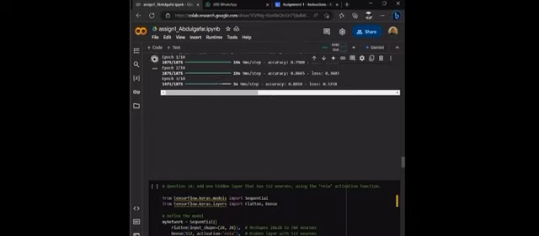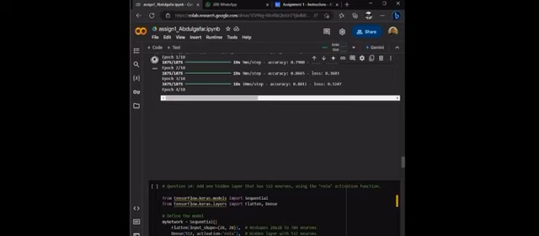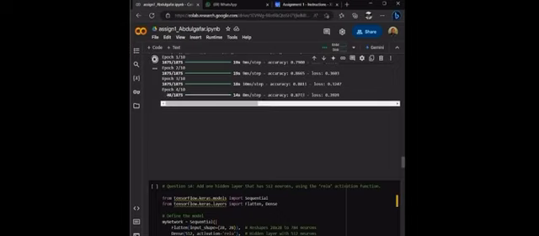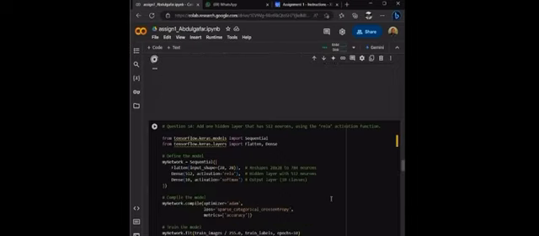We passed the images into a neural network, flattening the 28 by 28 images into an array of 784, and normalizing by dividing by 255 to scale pixel values to 0 to 1.